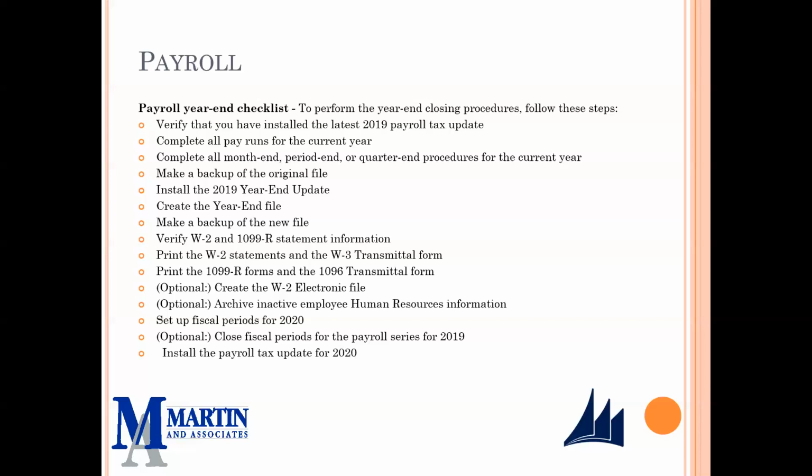And again, that's only if you're running the payroll year-end update, or if you feel like upgrading GP. If you're currently on GP 2018, not the latest version that came out in October, but just 2018, and you install the year-end update, it will upgrade your GP to the version now known as 2018.2.